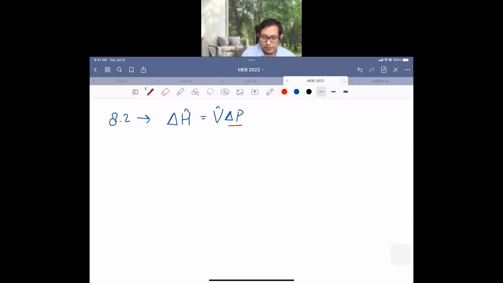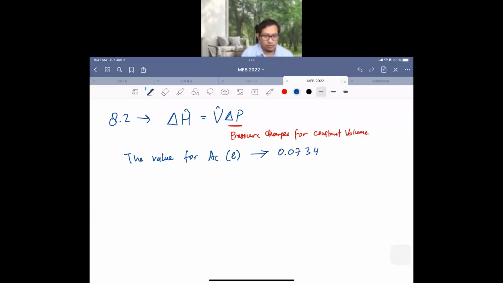So we will have the pressure change for constant volume, and the value for acetone liquid can be determined as 0.0734 liter per mole.